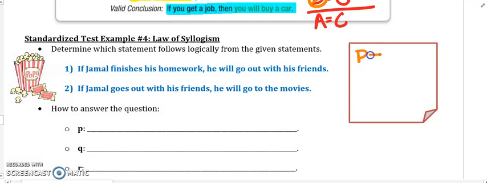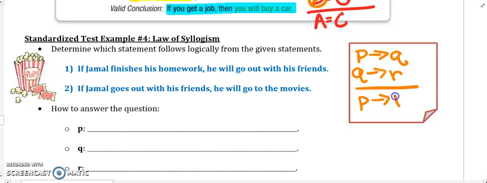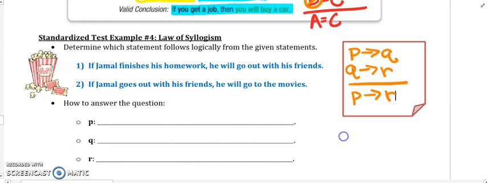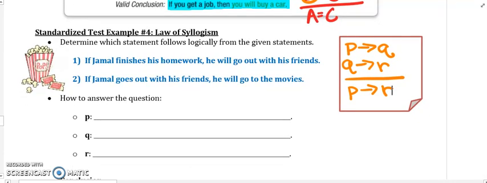Remember, using law of syllogism, if P implies Q and Q implies R, then that means P implies R. So if Jamal finishes his homework, he will go out with friends. If Jamal goes out with friends, he will go to the movies. Well, we have the same thing that is repeated, so let's check. Jamal finishes his homework is going to be our P, and again, you can write it to label it.